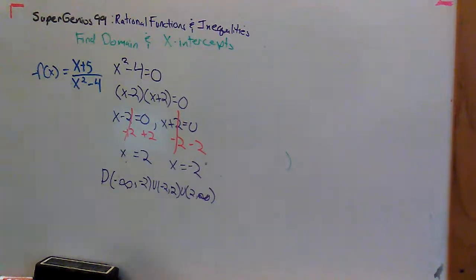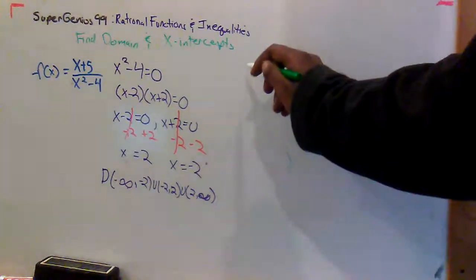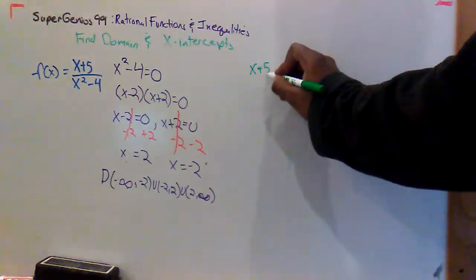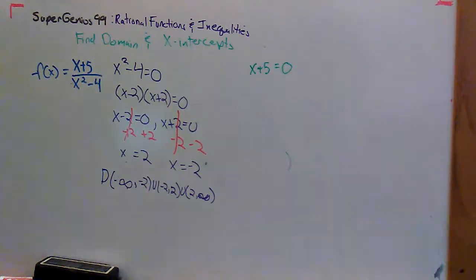Okay, and then what is your x-intercept? That's just taking your numerator and setting it equal to 0. All right, now what's next? Just solve for it. Okay, so to solve this, you just do what?